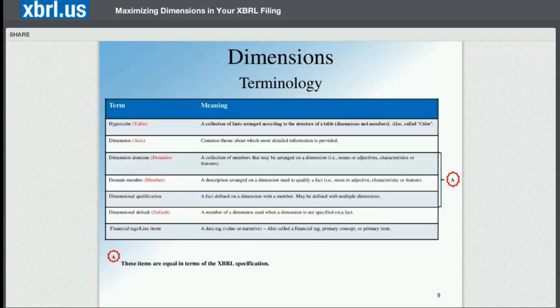So you will note that in your US GAAP taxonomy, or if you extend members, that they are abstract true. In other words, they do not themselves tag data. They cannot exist without a financial tag or a line item. So just know the financial tags, the line items, they're also called primary concepts. They are the concepts around which the entire taxonomy revolves and is built.